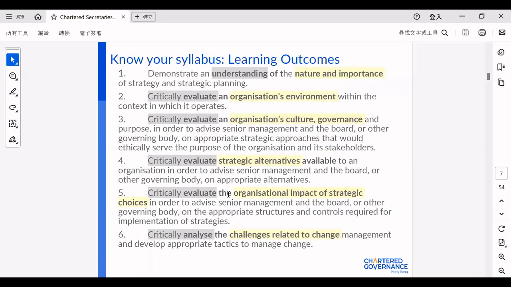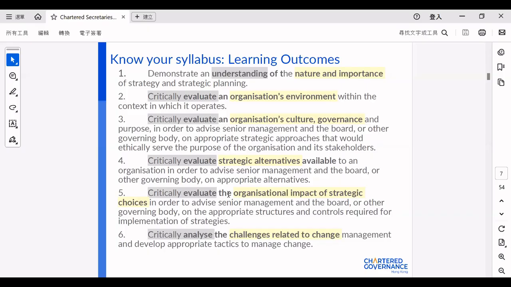Now, let's move on and take a very close look at the topics and the learning outcomes. Again, as I have said, many candidates really do not read the learning outcomes carefully. By looking at the learning outcomes, you will probably guess what is being asked, what the examiner wants from you.